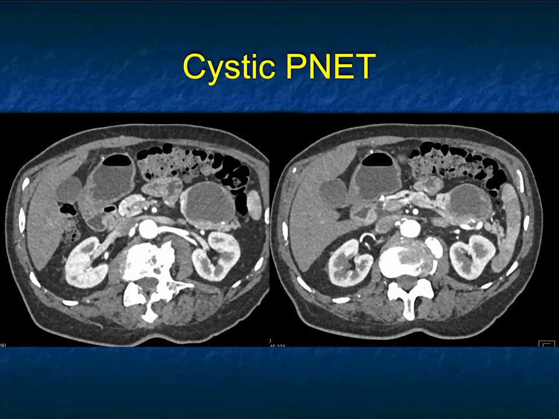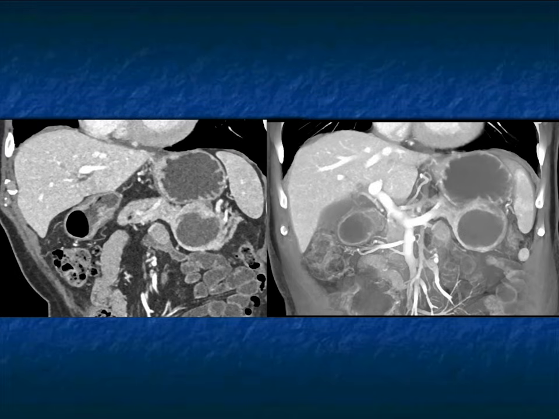Here's another one. They can be larger. But again, you look at this and you say, well, MCN's a possibility. Serous adenoma, probably not, the wall's too thick. But then you start looking, there's some enhancement, but still I would be considering an MCN in the right age of the patient. Here's the coronal view, really thickened wall. If this is an MCN, you would worry that it would be a high-grade dysplasia with nodularity.